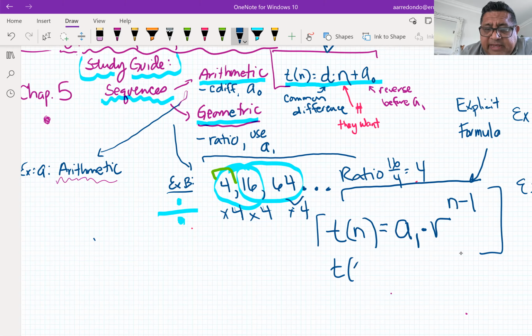T of 8, that's the one we want, is equal to the a sub 1, the first in the series, 4, times the common ratio, which was also 4.